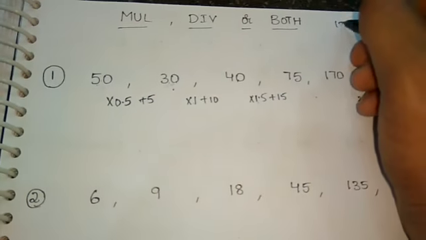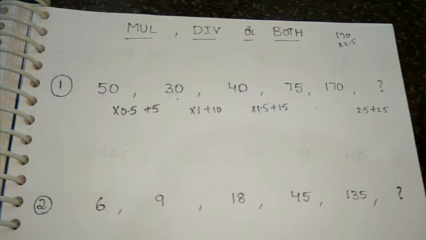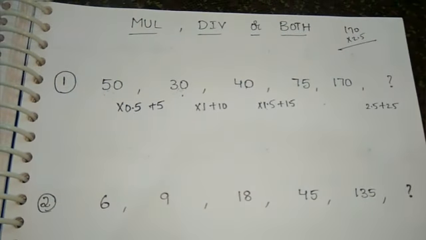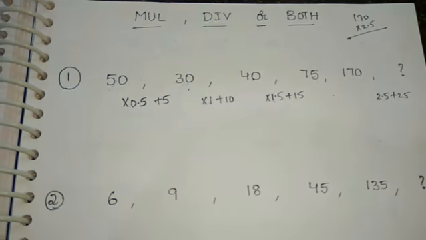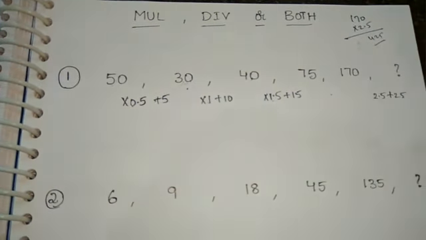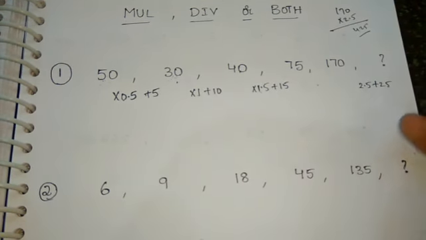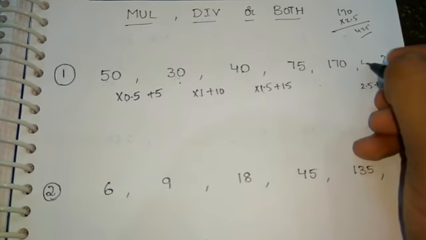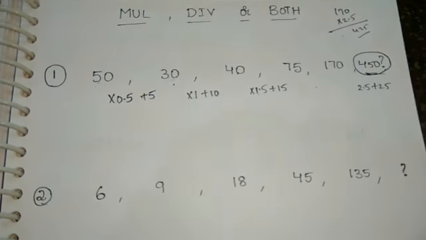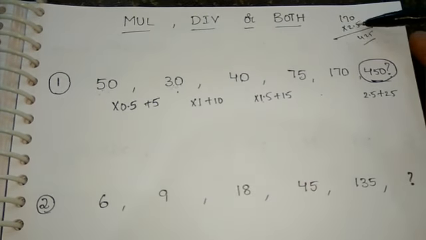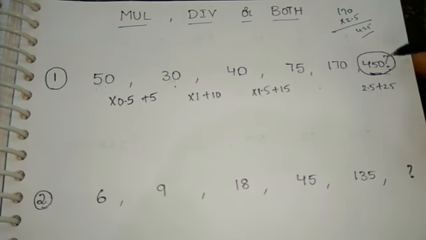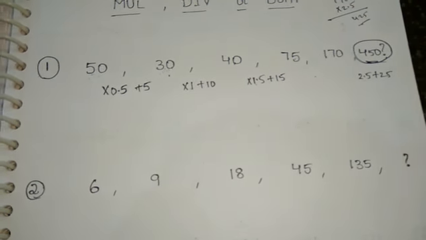Right? So 170 into 2.5 plus 25. What is the value? 17 into 25 is nothing but 25 fours are 100, so 400, 400 plus 25 is 425. So 425 plus 25 is 450.